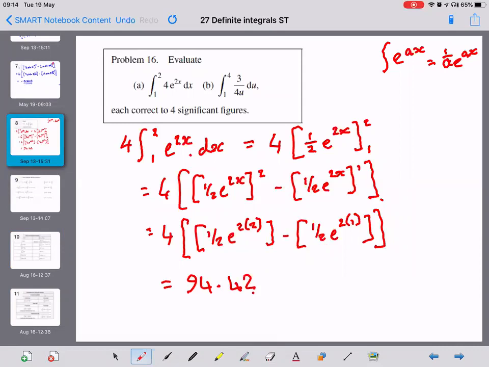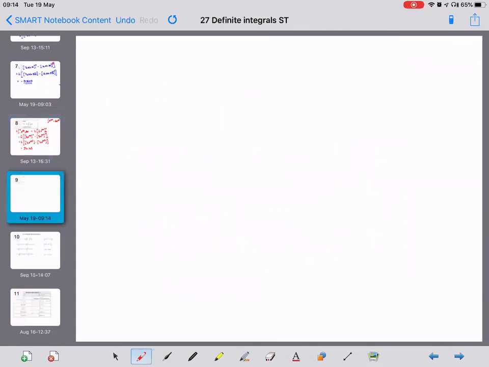Right. And lastly, we'll have a look at one. The part B, which is integrate between 4 and 1, 3 over 4u du.